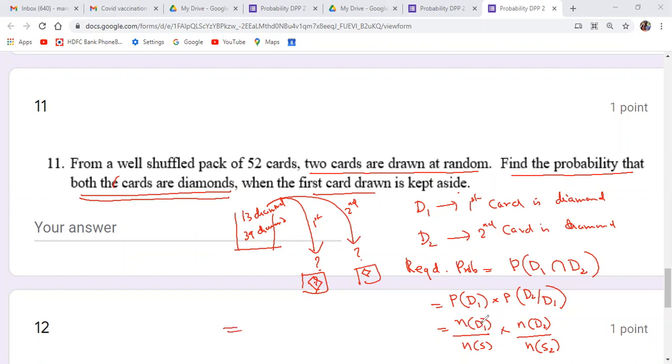I'm writing over here: 13C1 upon 52C1. Now after one diamond is removed, what is the new sample space? Then it will be 51 cards with 12 diamond cards, and the rest, 39, not diamond.